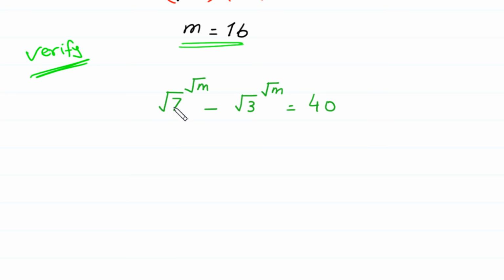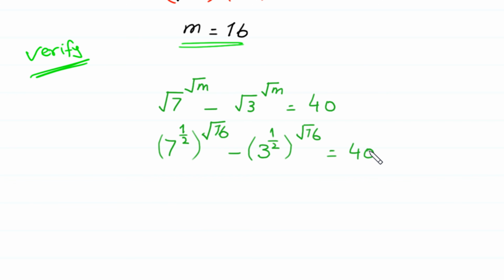We can write this square root of 7 as 7 to the power 1 over 2 whole to the power square root of, we replace this m with 16, minus, we can write this square root of 3 as 3 to the power 1 over 2 whole to the power, we replace this m with 16, square root of 16 is equal to 40.